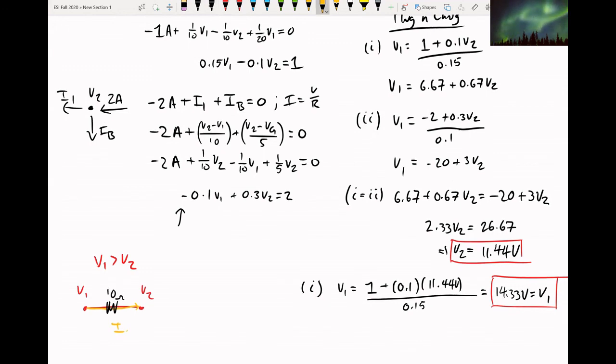So I of 1 is going to be equal to V of 1 minus V of 2 over 10, which will give us 0.289 amps for I of 1.